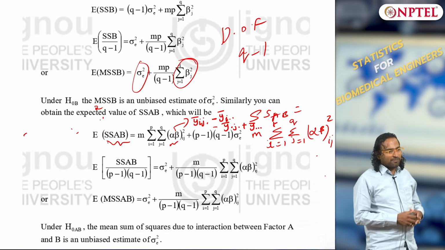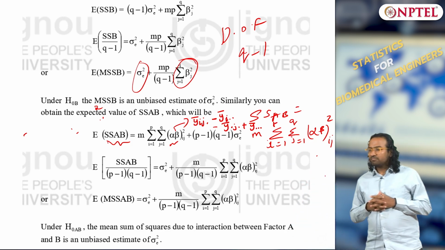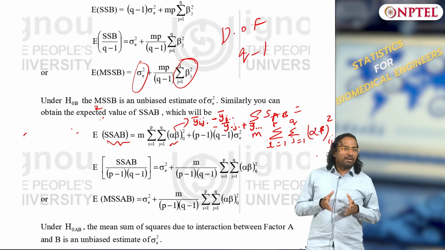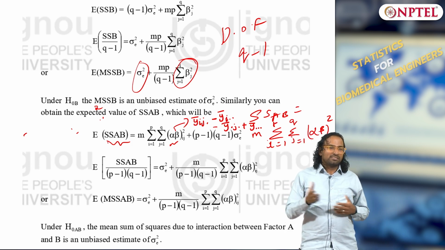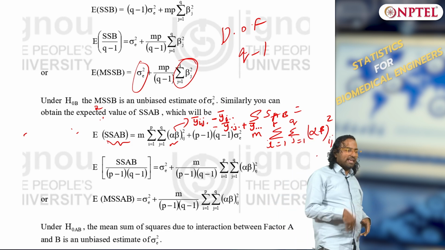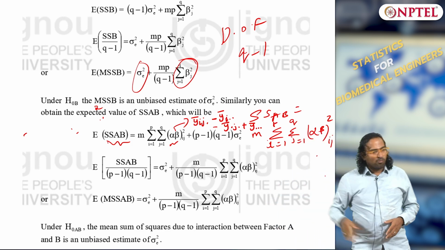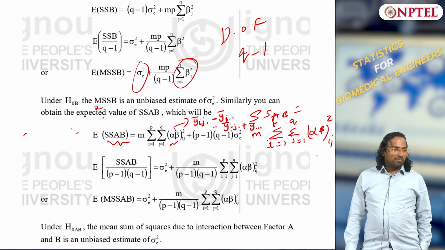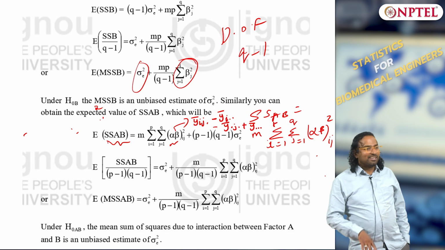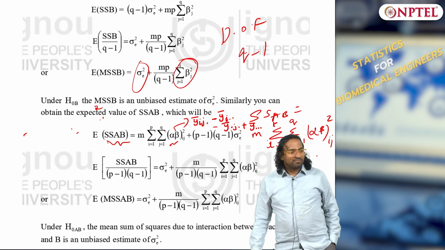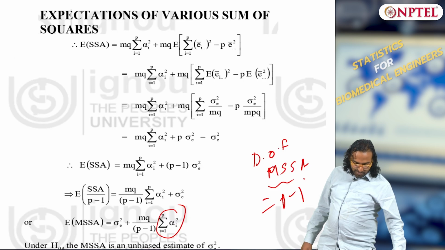And what is the degrees of freedom for this? P minus 1 into Q minus 1, because individual degrees of freedom you are just multiplying, P minus 1 into Q minus 1, and the error degrees of freedom is by subtraction. What is the total degrees of freedom? MPQ, yeah, M has to be included. MPQ minus 1 is the total degrees of freedom, because there are replications, remember.